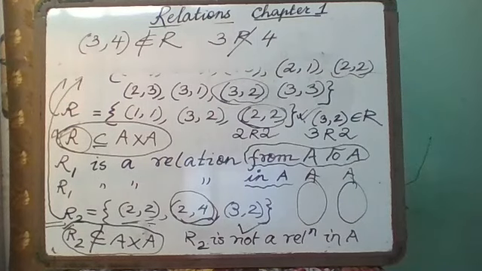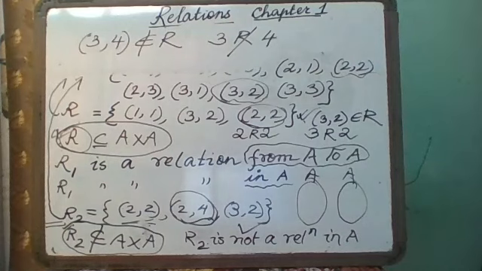So clearly 3 R 1. That means 3 is related to 1, the first ordered pair. 4 R 2, 4 is related to 2. But 1 is not related to 3. I don't have any ordered pair 1 comma 3, because 1 minus 3 will give me minus 2. So 1 is not related to 3; rather 3 is related to 1.